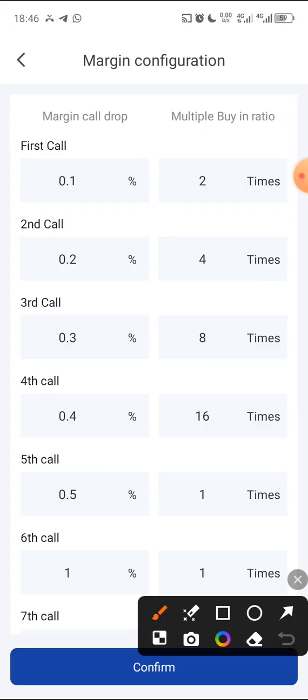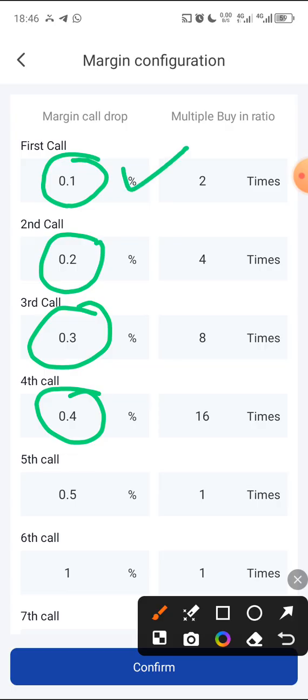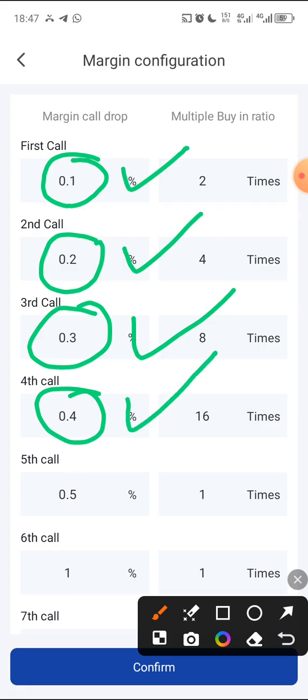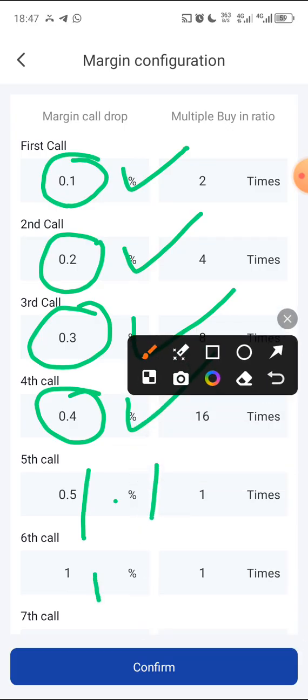So I will come change this from 0.1 to 0.27, change this, and this. So when I add 0.27 plus 0.27 plus 0.27 plus 0.27, I will get a margin call drop of 1.1, because it will be a little bit greater than 1.07.